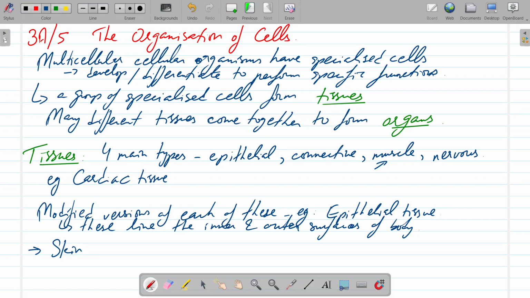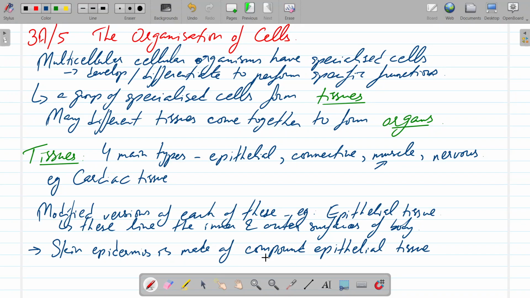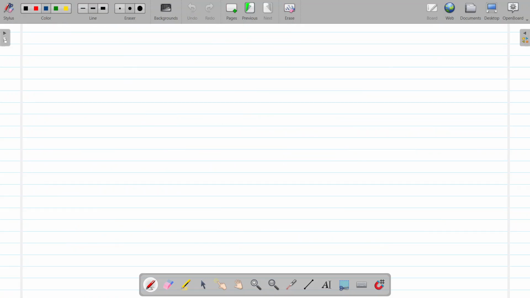A great example is your skin. The outer layer of your skin is epithelial tissue, and it's actually the kind called compound epithelium. You also have squamous epithelium, and these are the ones that line the surface of blood vessels.